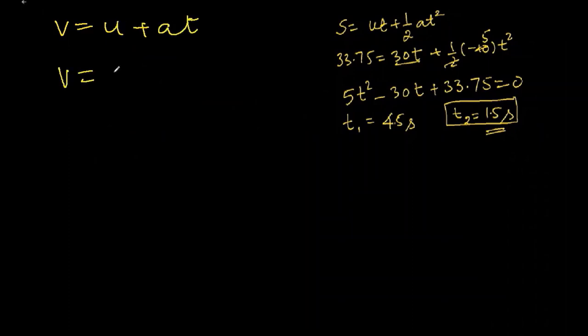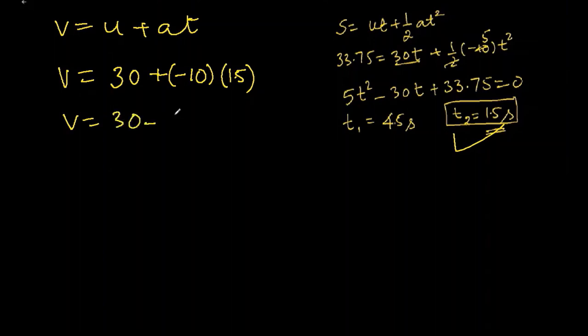We know it was thrown up at 30 meters per second, plus acceleration is minus 10 in the opposite direction, and time is 1.5 seconds. So v equals 30 minus 15, which is 15 meters per second.